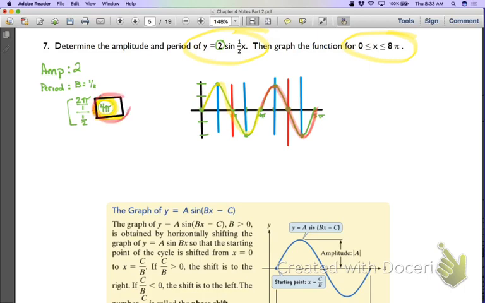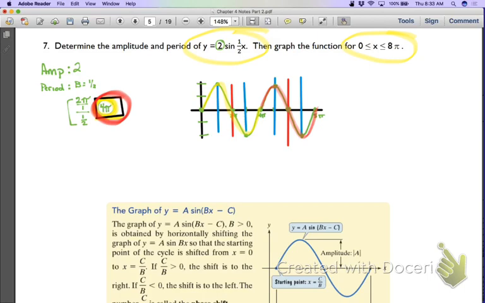This number, that 4 pi, is basically going to tell you where it's going to end. And then you just have to quarter it from there. You just have to know what the sine function looks like versus what the cosine function looks like.